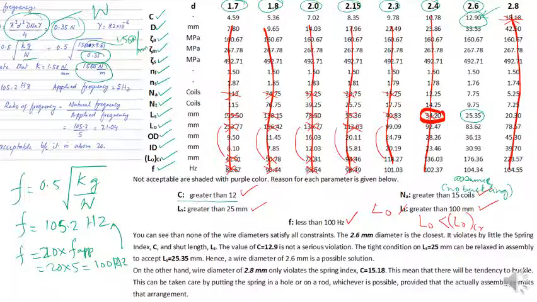I can take it acceptable. But what I will do, here you look at this one. I need to go back to the designer and ask them, can I basically do changes in assembly?